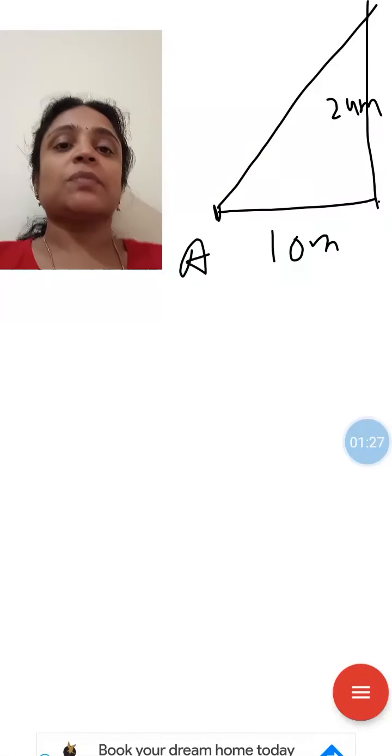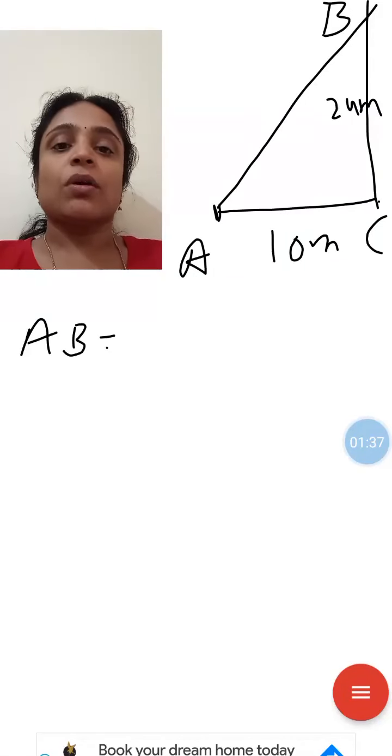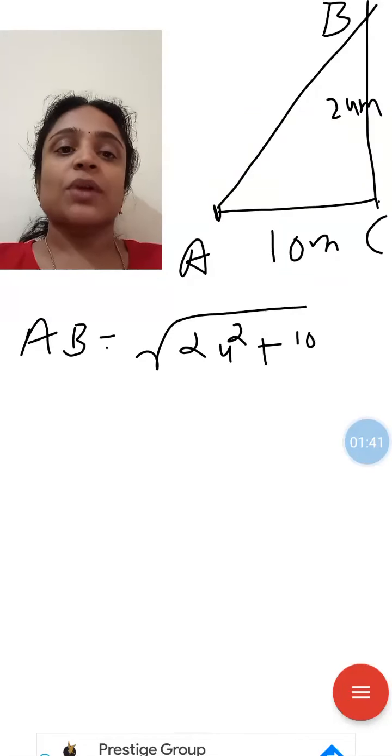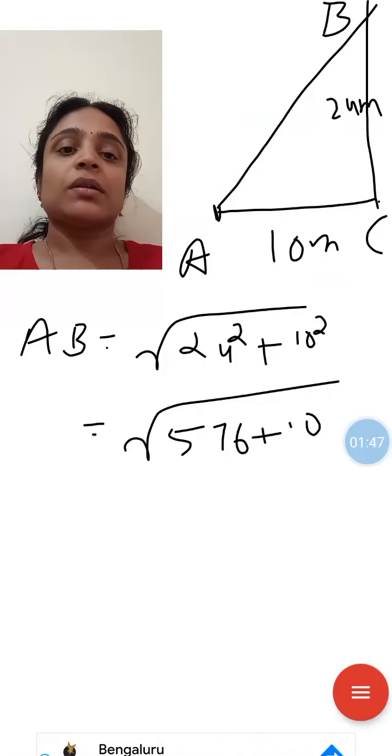Let us name this as A, B and C. So we have to find AB. And by Pythagoras theorem, AB equal to root of 24 square plus 10 square, which is root of 576 plus 100.